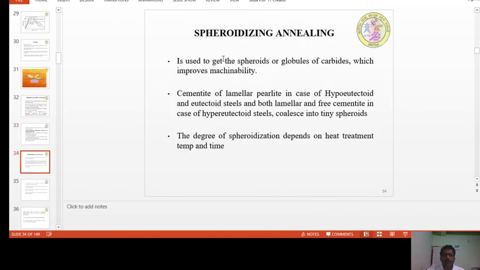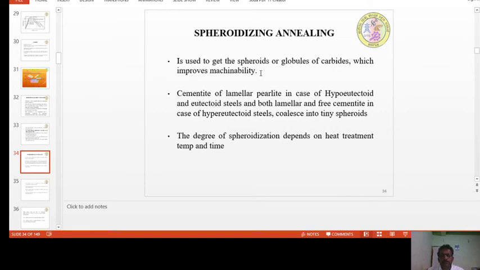The second type of annealing is spheroidizing annealing. It is used to get spheroids or globular carbides, which improves the machinability. So the idea is not just to get a globular form of carbides. The whole idea is to increase the machinability of the material, especially high carbon steels.